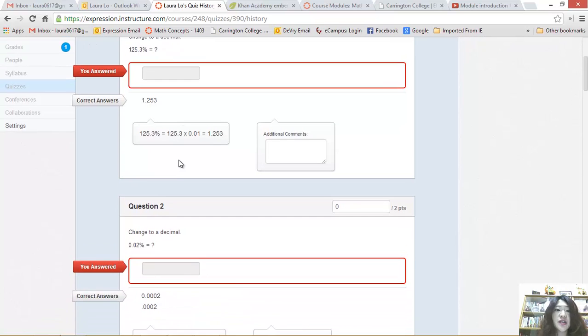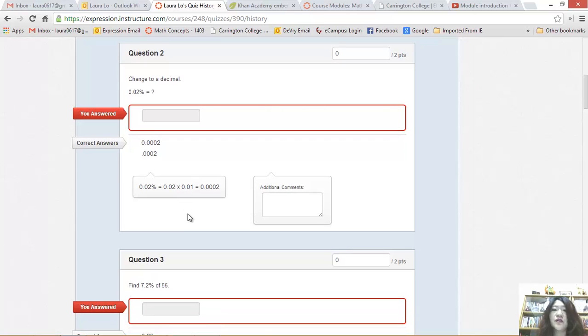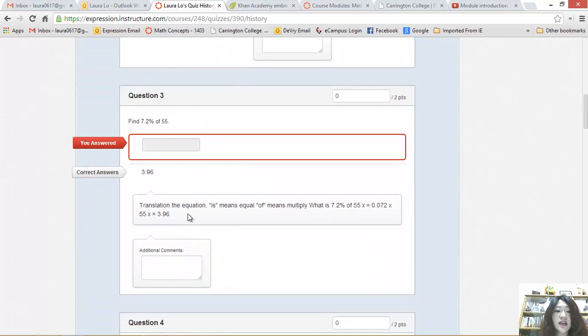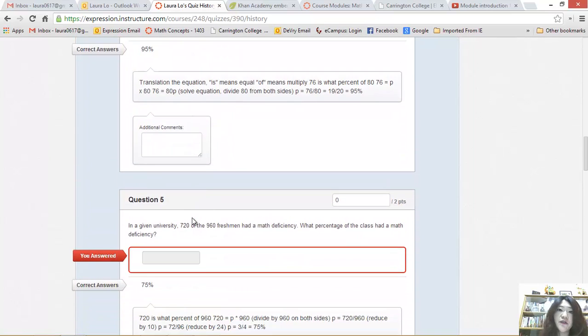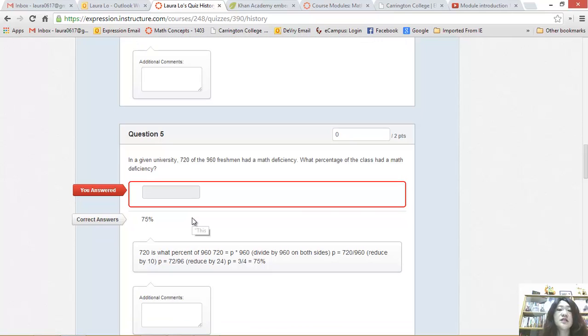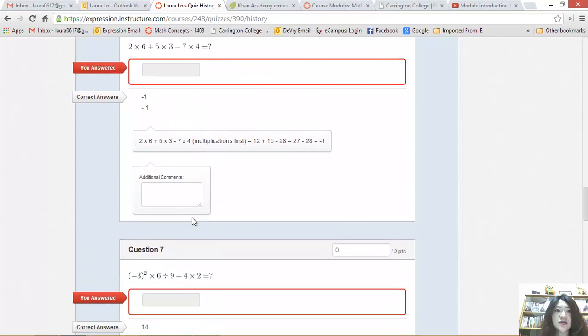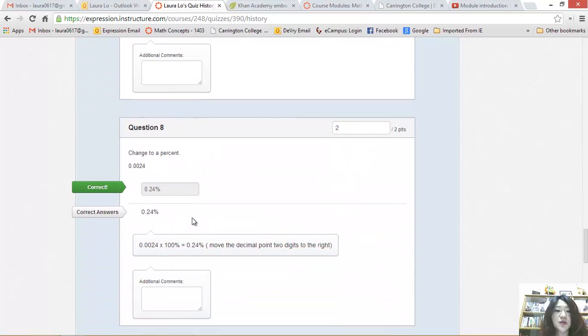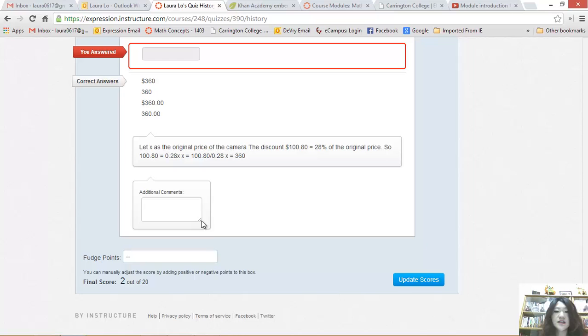For each question, whether you got it wrong or even right, we have the solution at the end of each question, so that can help you learn better. If you are not satisfied with your first attempt, you can always do it again. The maximum is 3 times, so you can access the self-review 3 times to raise your grades. Okay, so that's the self-review.